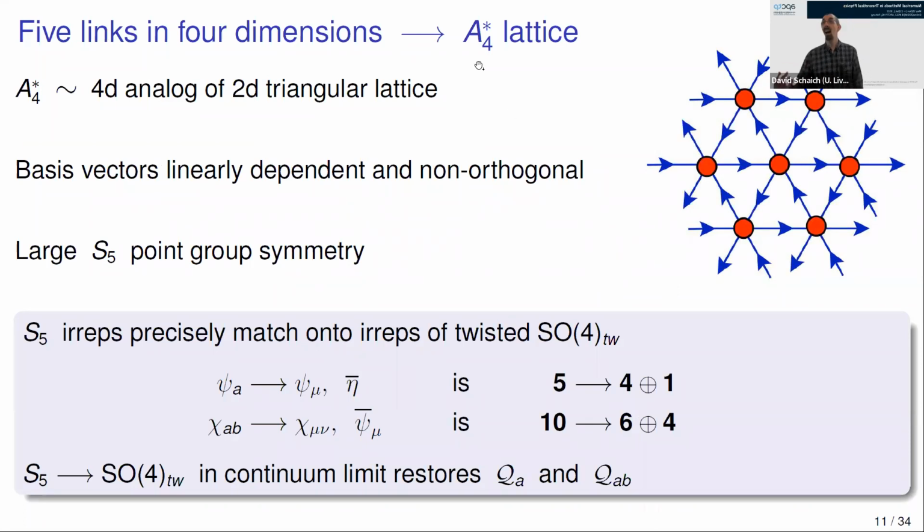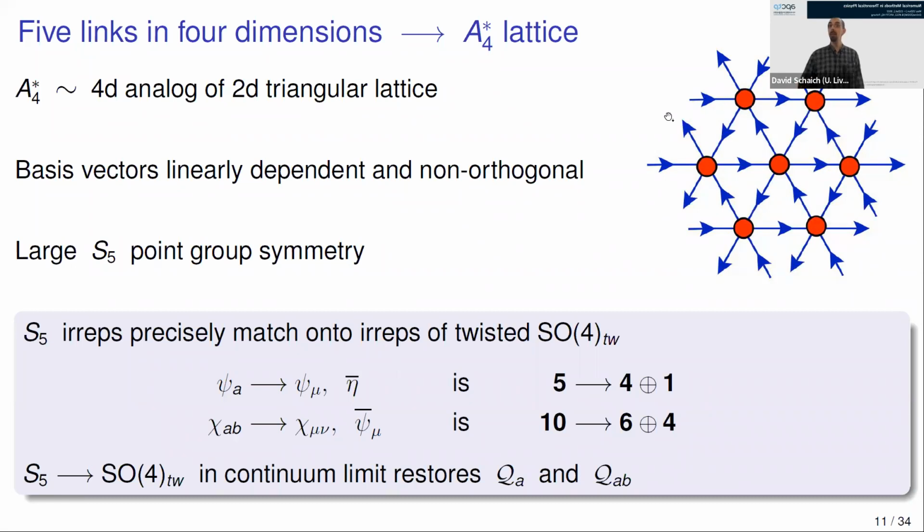So another non-standard aspect of numerical analyses of N=4 super Yang-Mills is that we cannot use the simple hypercubic lattice that is almost always used for QCD-like lattice studies. Instead, we are working on the 4-dimensional analog of the 2-dimensional triangular lattice that is pictured here.